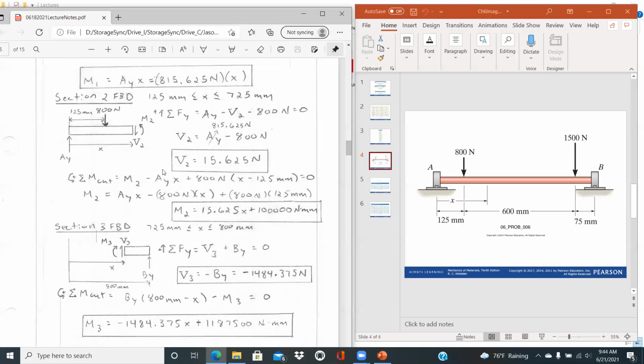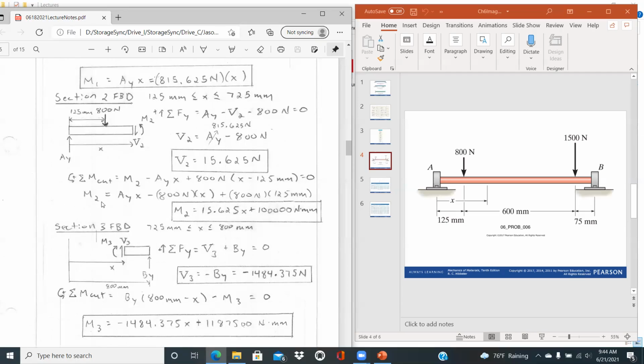And then summing moments about the cut, you would have M2 minus A1X plus 800 newtons. That's going to cause a counterclockwise rotation. So plus 800 newtons times X minus 125. And so when we start seeing these forces, you'll see that show up quite a bit, where we're taking the full X value minus 125 to get that distance away from the cut.